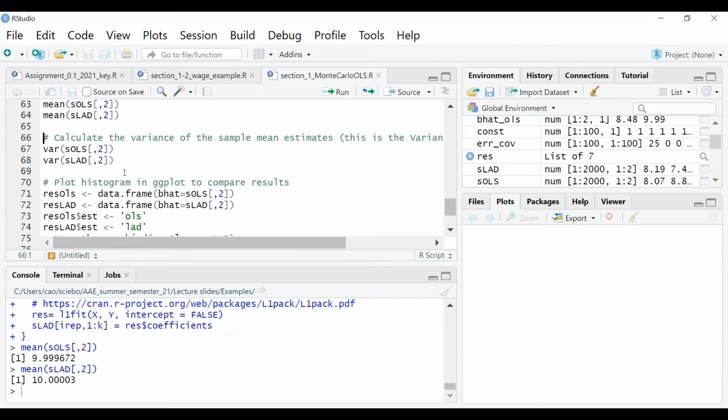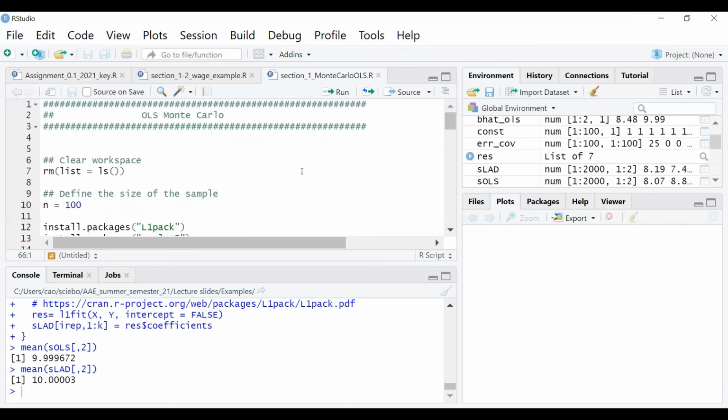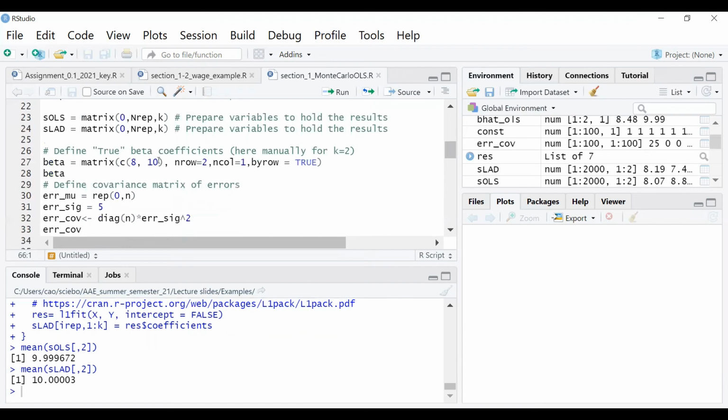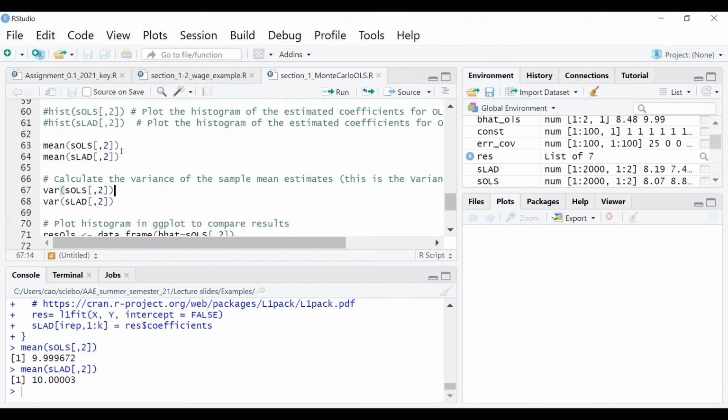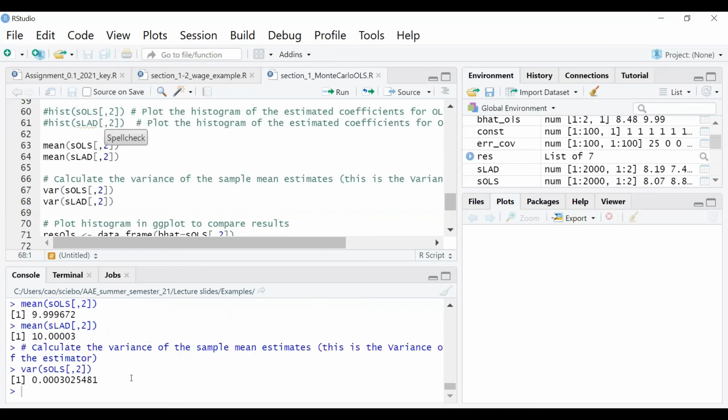So both are very, very close to the true parameter that we set before, which is 10 over here. So you see 9.999 something, and then 10.000 something, right? So first of all, that means that both are unbiased, to be sure.